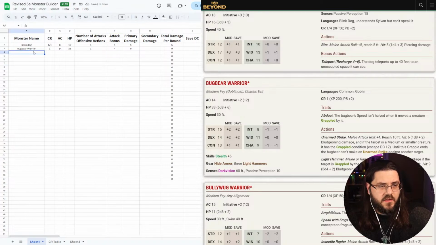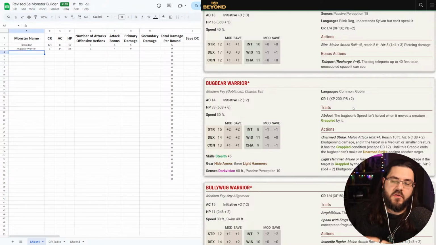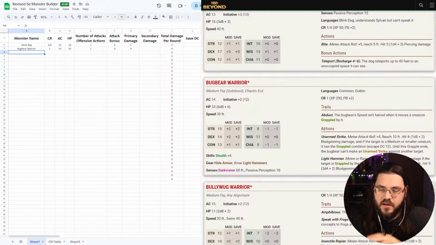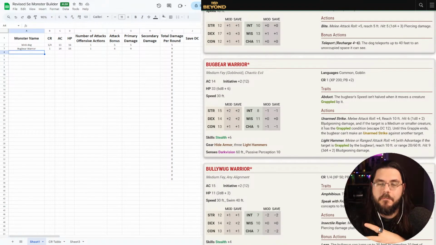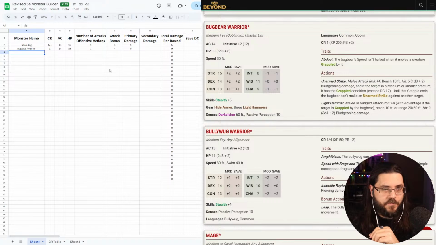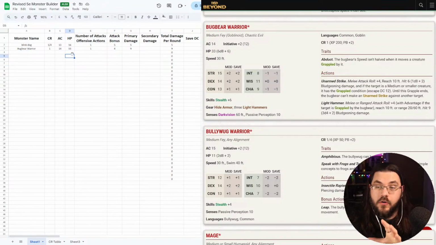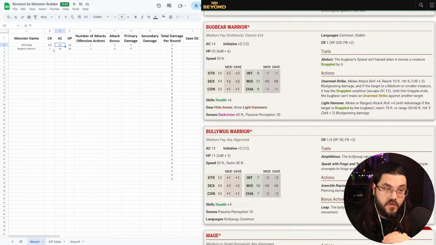We'll just make a little note on that. That's not really something I'm too concerned about because it requires setting up. I don't think that's going to really impact the CR. But there is already quite a difference. There's not much of a difference between the AC of our 1/4 CR and our 1 CR.